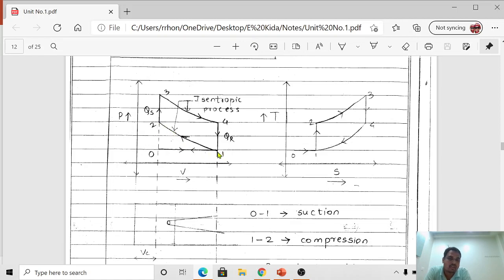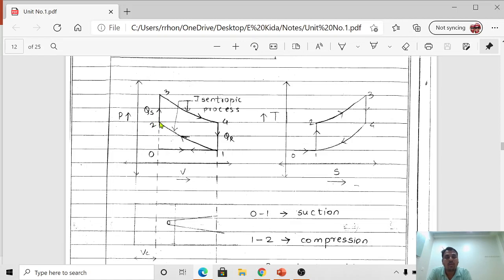Now we can understand with the help of this PV diagram, during process 1 to 2, the volume decreases. During process 0 to 1, the volume increased, but during process 1 to 2 it reverts back, or we can say it decreases, but the pressure increases from P1 to P2. Are you getting? Okay, so this is the second process.